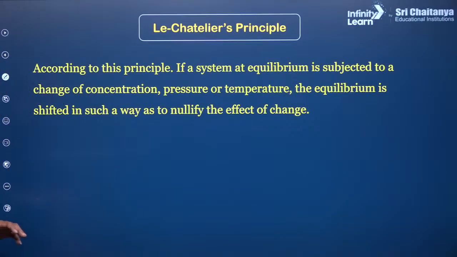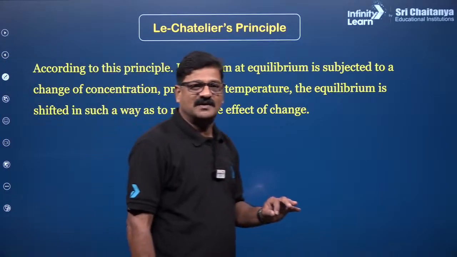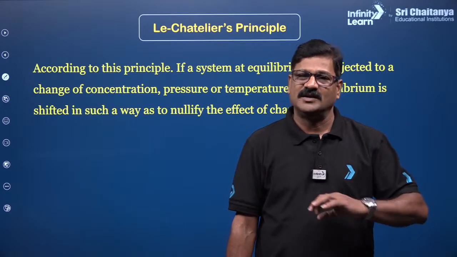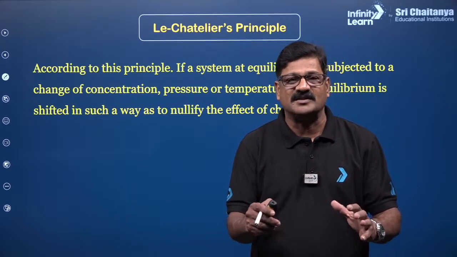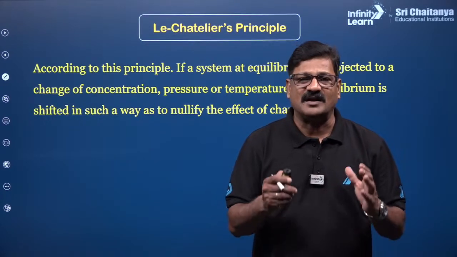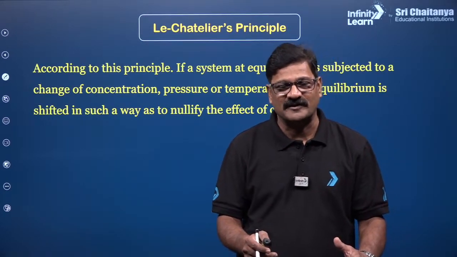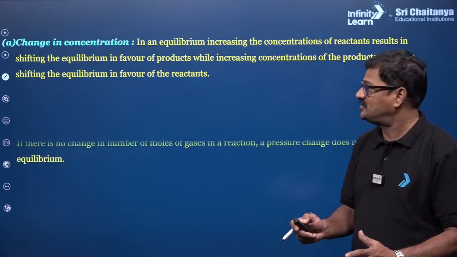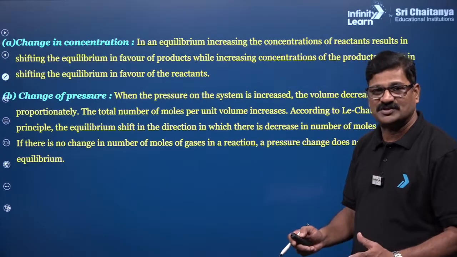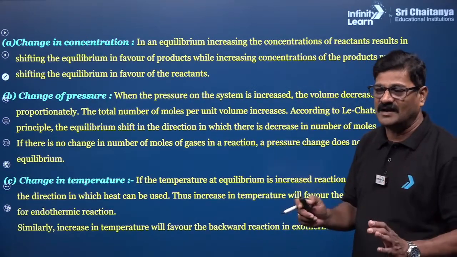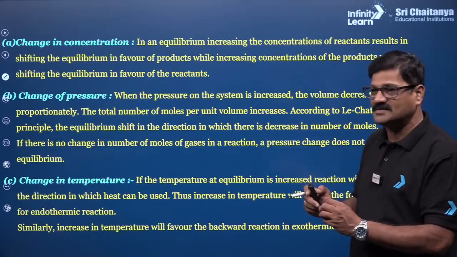And Le Chatelier principle: if a system at equilibrium is subjected to a change and its equilibrium state is disturbed, it is going to re-establish its equilibrium. That is the nature of equilibrium, explained by Le Chatelier principle, through change in concentration, change in pressure and change in temperature.